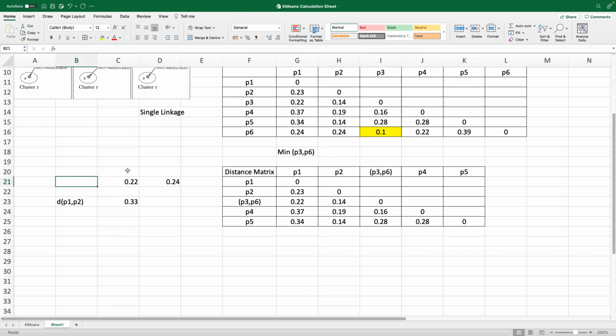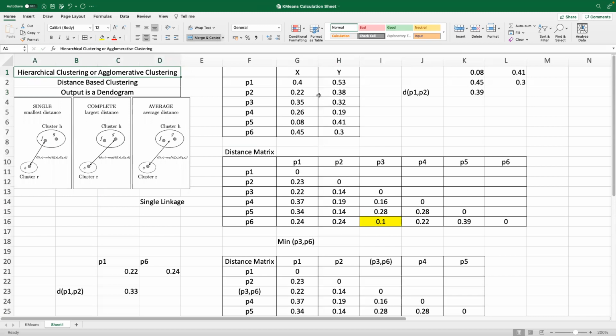Or let me do it this way. This is P1, this is P6. What is P1? 0.22, right? P1 from the original matrix. P1 is how much? 0.4, right? From the original matrix, P1 is 0.4. Min of these two.